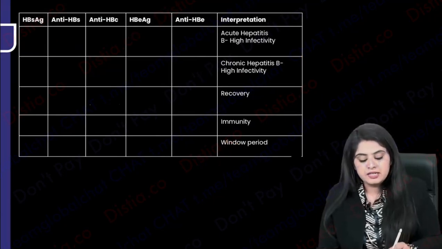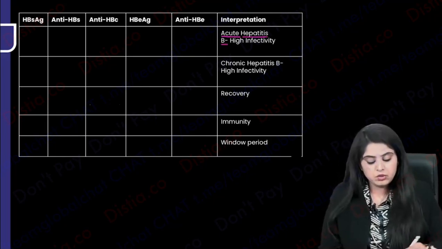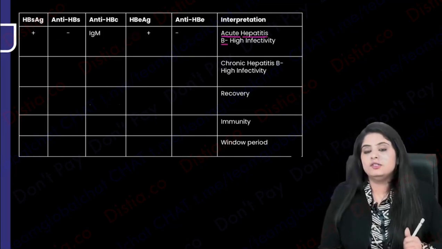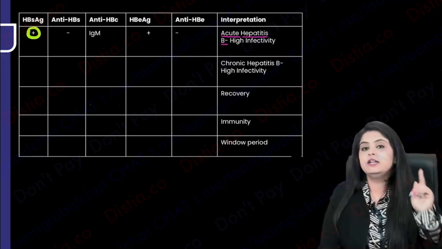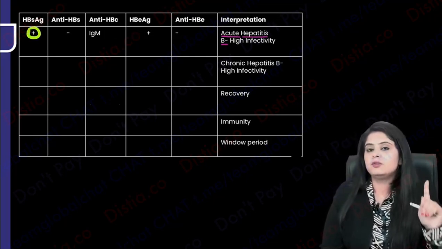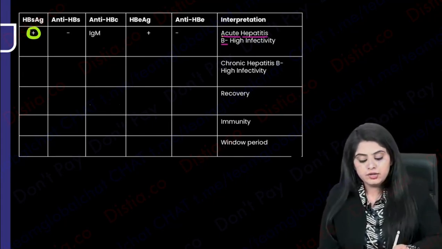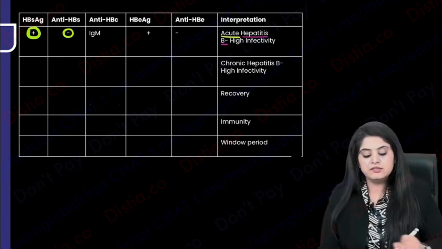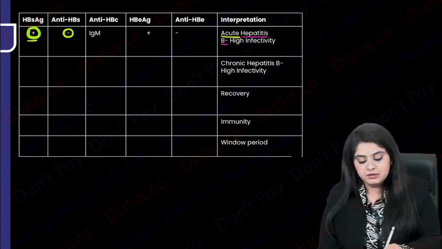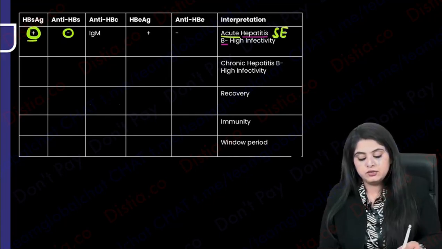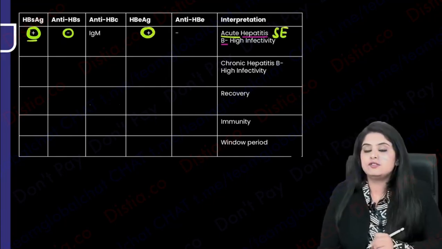Tell me, what will you say is acute hepatitis B? What all is going to be acute hepatitis B? So you will say, ma'am, if you're saying hepatitis, the first thing to rise has to be HBS, definitely. After that, you're saying acute, so obviously the antibody has not come yet. After HBS, who comes? After S comes E, so of course, ma'am, HBE antigen has to be there.